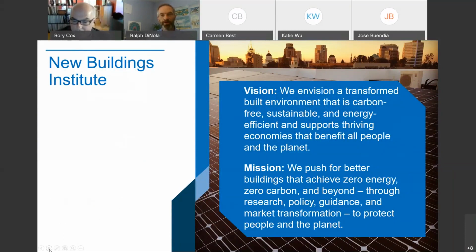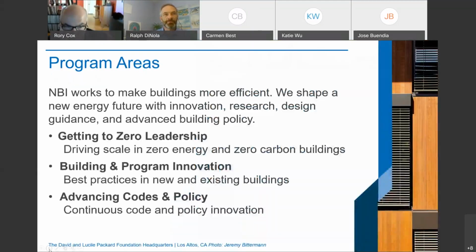And we are especially excited about what's happening in California, and we've supported the work of the California Public Utilities Commission for some time, especially around the energy efficiency strategic plan and action plans, and the move to advance zero net energy buildings. We do our work in three primary program areas: getting to zero leadership and market development, building and program innovation, and advancing codes and policy. So we feel like these are the core to advancing these efforts.